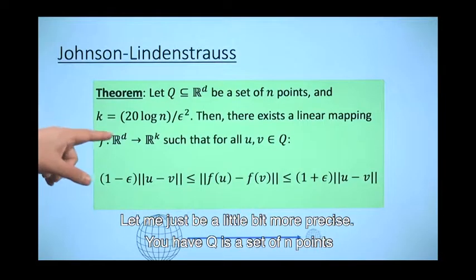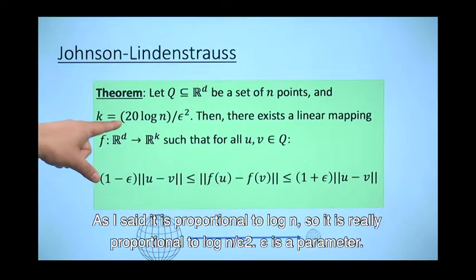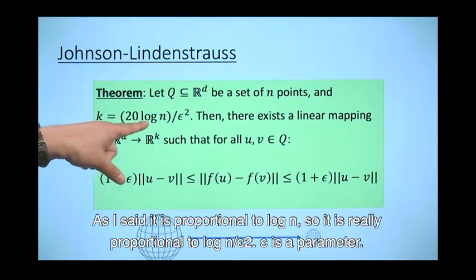Let me be a little bit more precise. You have Q, which is a set of n points, and k is the target dimension to which you are projecting. As I said, it is proportional to log n, really proportional to log n over epsilon square, where epsilon is a parameter.